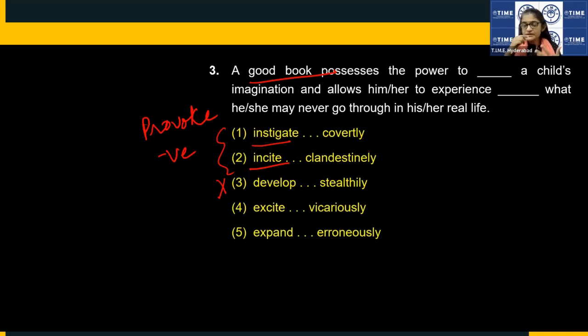Very often our parents, whatever they could not experience in real life, they get to experience through us. So that is vicarious, makes sense. The power to expand a child's imagination and allow him or her to experience erroneously. Erroneously is by mistake. That does not make sense either. Hence, the answer is option 4.